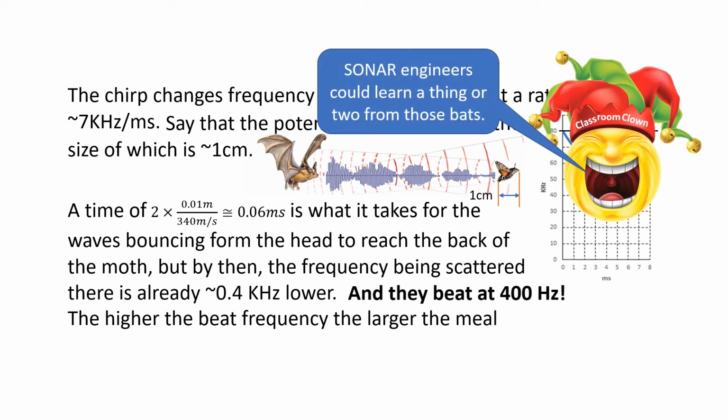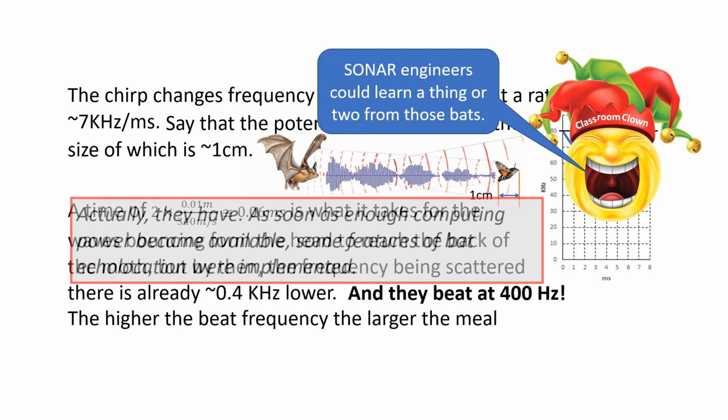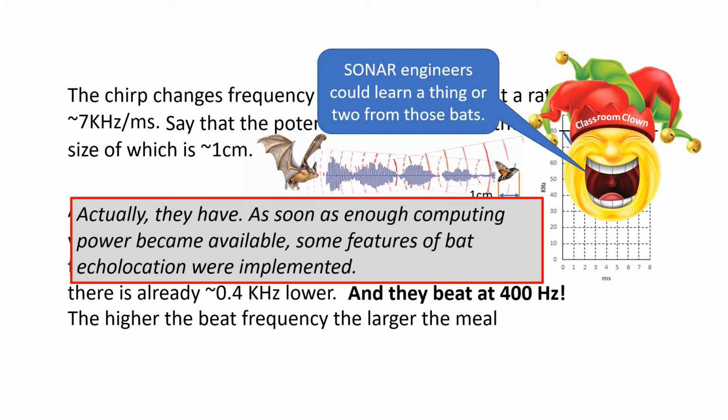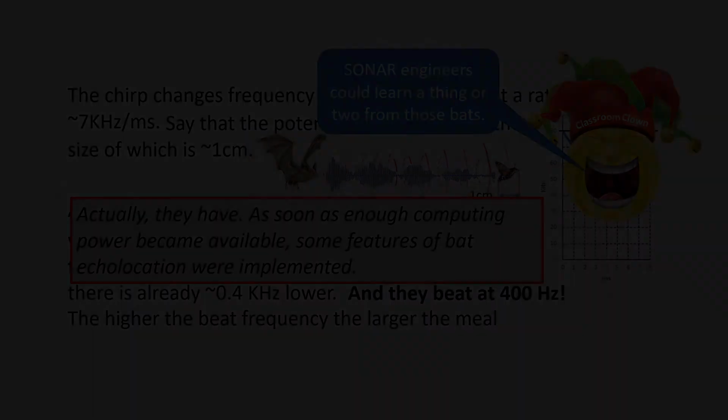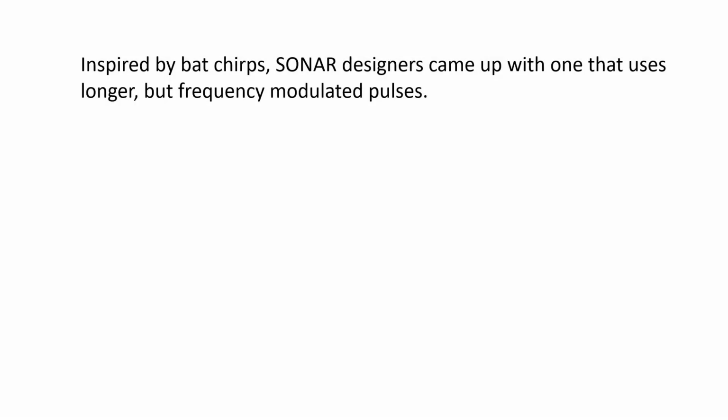Sonar engineers could learn a thing or two from those bats. Actually, they have. As soon as enough computing power became available, some features of bat echolocation were implemented. Inspired by bat chirps, sonar designers came up with one that uses longer but frequency modulated pulses. And guess how this new technology is called?